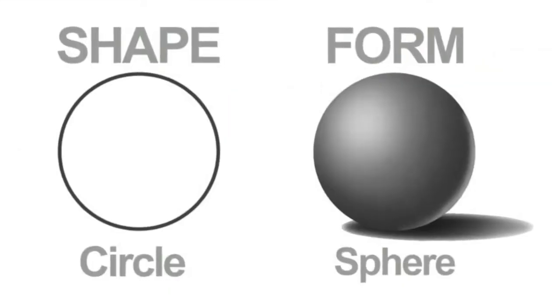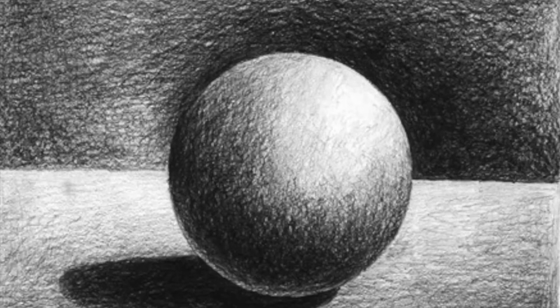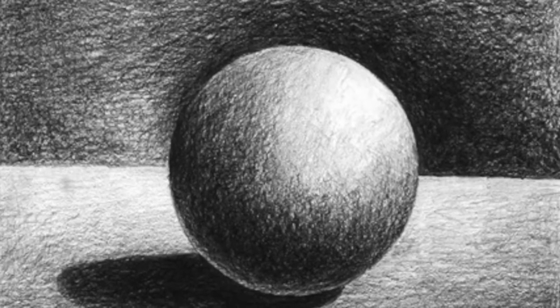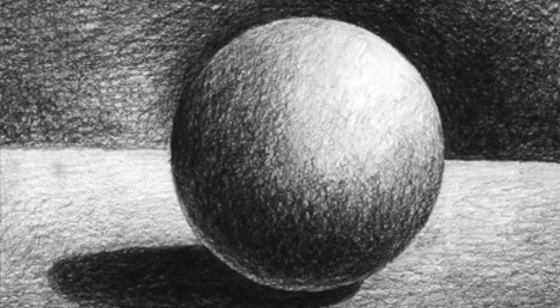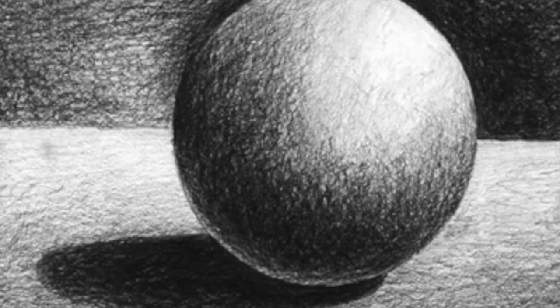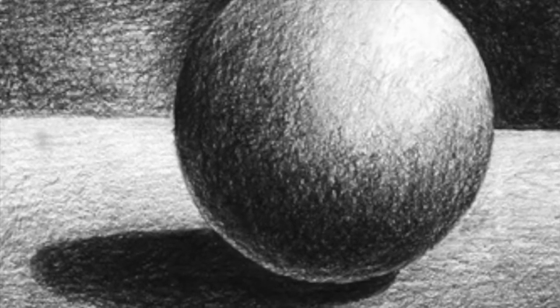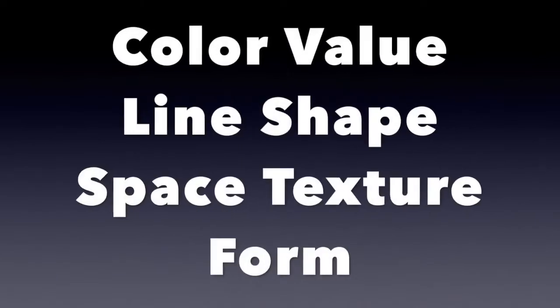Sometimes we want to represent a three-dimensional object in two-dimensional space, like on a piece of paper. In this case, we say we are giving the illusion of form, and we usually accomplish that through changes in value. So that was all 7 elements of visual art.